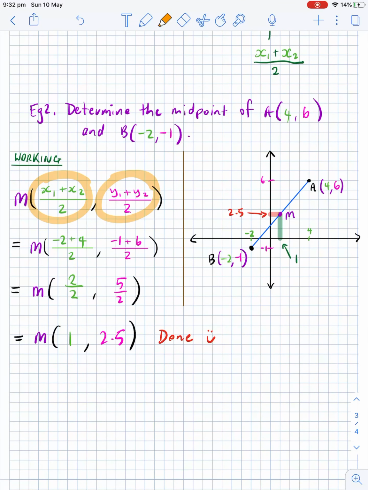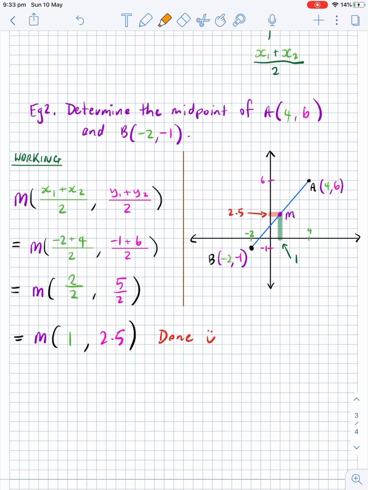Well, we apply both of these formulas to figure out what the x and y values are. So putting in our x1 and x2 values, etc., we get minus 2 plus 4 over 2. Well, minus 2 plus 4 gives you 2, and divided by 2, that comes out as 1. So you can see here that our x coordinate is definitely 1.